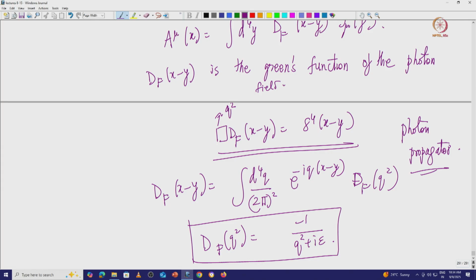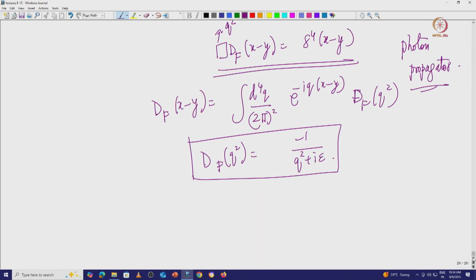Now with this I can write down my S matrix elements, the scattering matrix element.